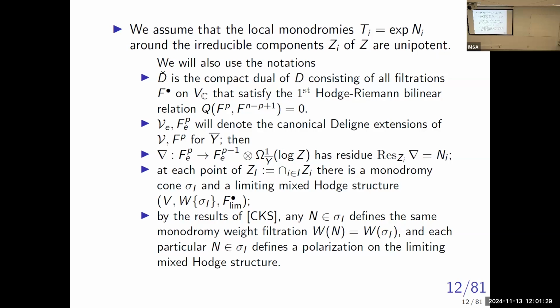So you have the space of Hodge structures. You look at the compact dual, that just means you put in the first Hodge bilinear relation. And there are canonical extensions of these Hodge bundles across the divisor at infinity. So just to explain that for a minute, the Gauss-Manin connection is a flat connection, so it's like a system of ordinary differential equations.